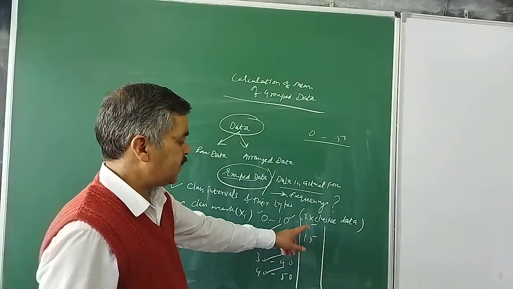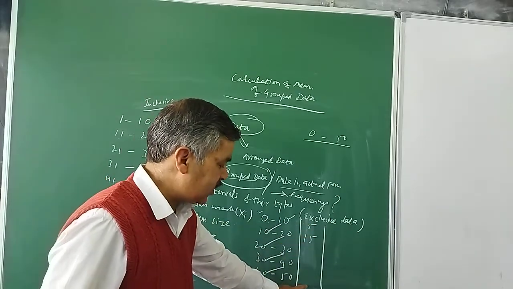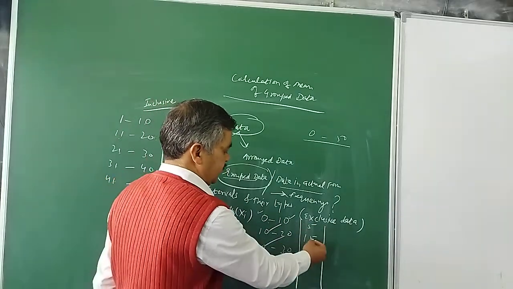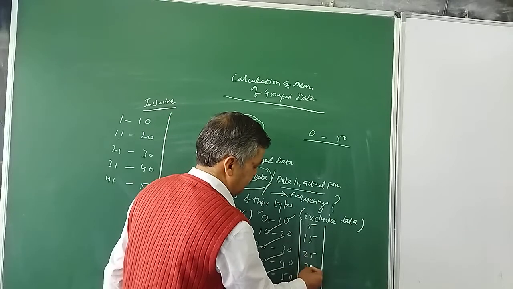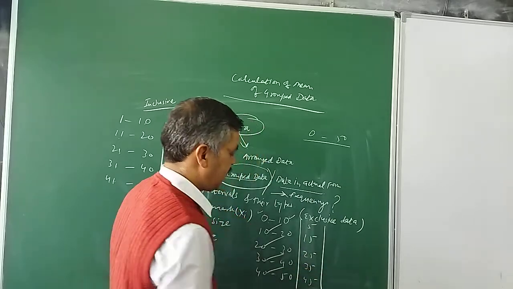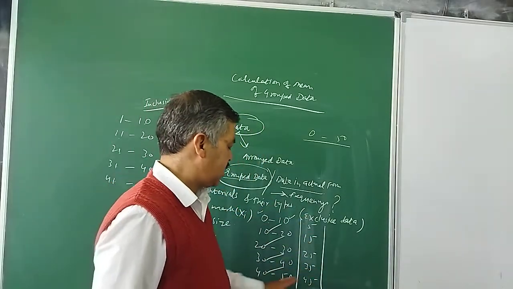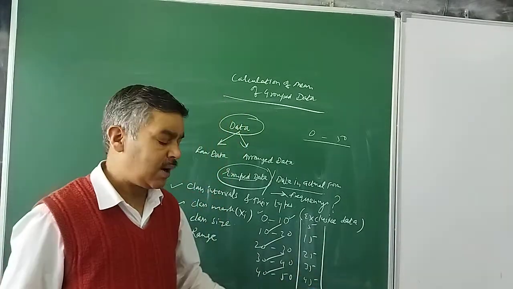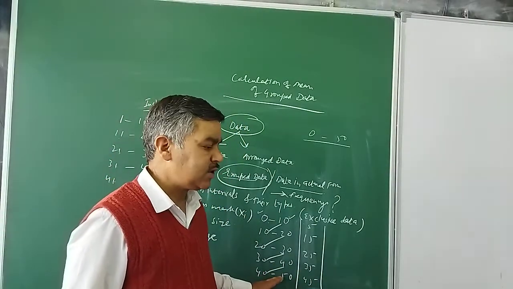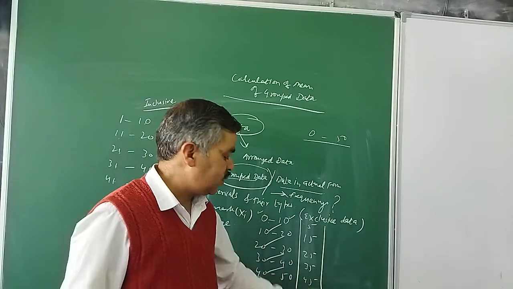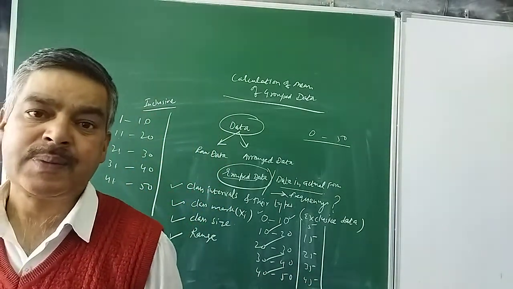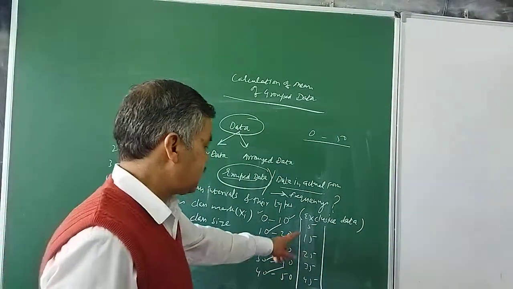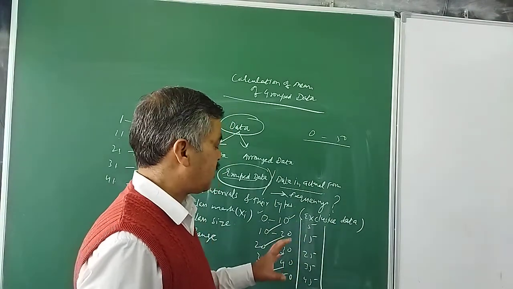The difference between the first two remains constant throughout. So 5 plus 10 is 15, plus 10 is 25, plus 10 is 35, plus 10 is 45. You can keep a check: 40 plus 50 is 90, divided by 2 gives 45. So the difference will always remain constant.